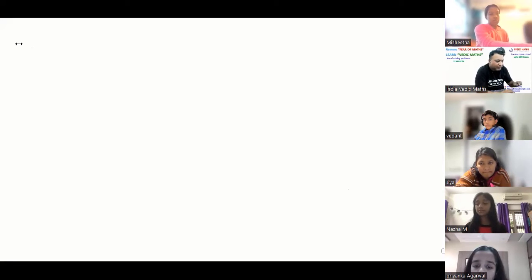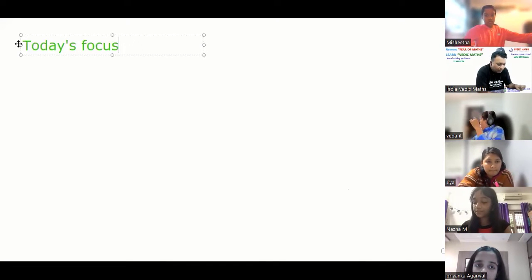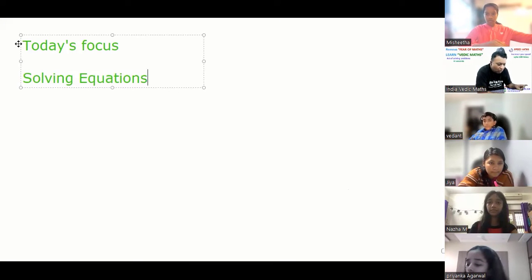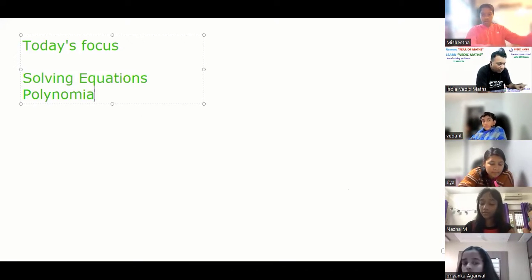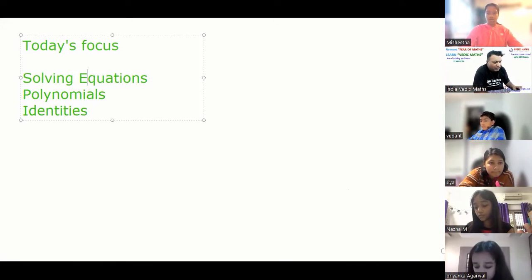Today's focus is solving either equations or understanding polynomials, how to solve, or identity. The focus is solving.